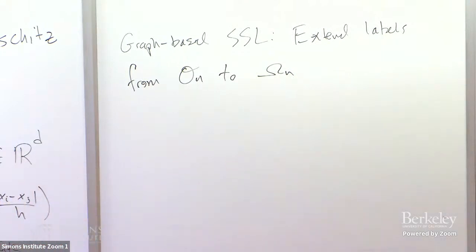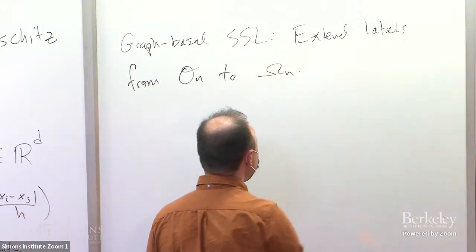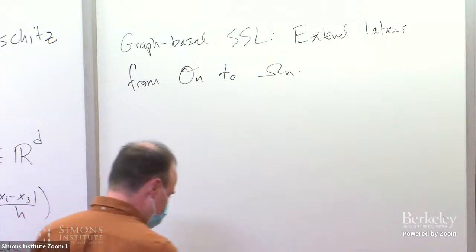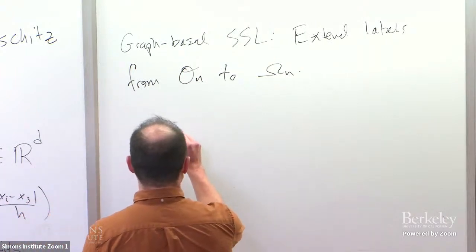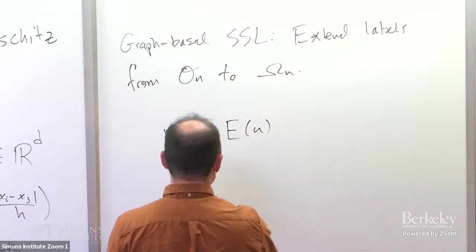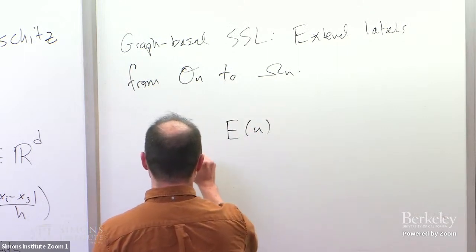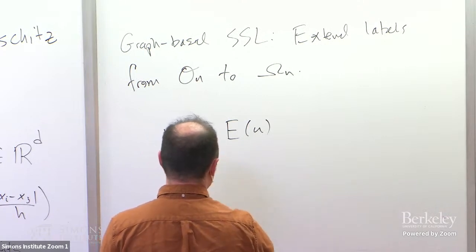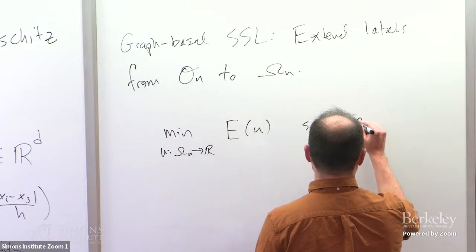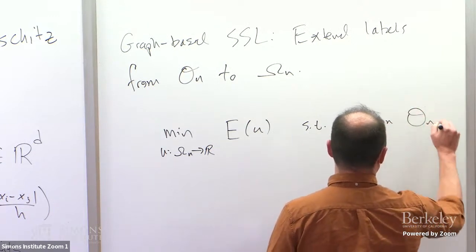So there are lots of techniques for doing this. A lot of them have either variational or PDE formulations on graphs. So one thing you can do is to look at the minimum of some regularization energy, E, over functions on the graph, subject to the labels agreeing on the constraint set.